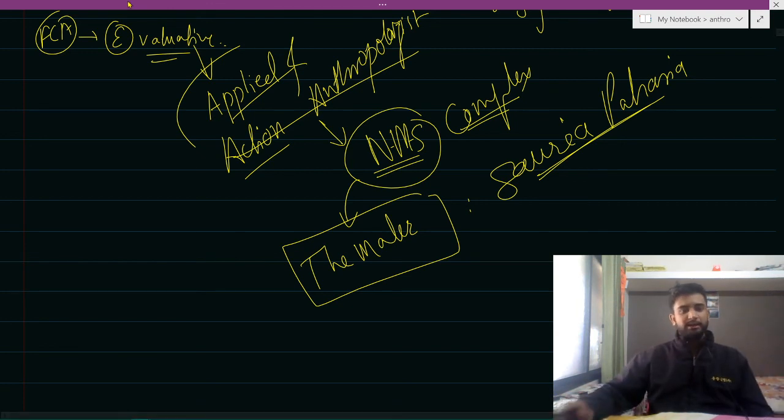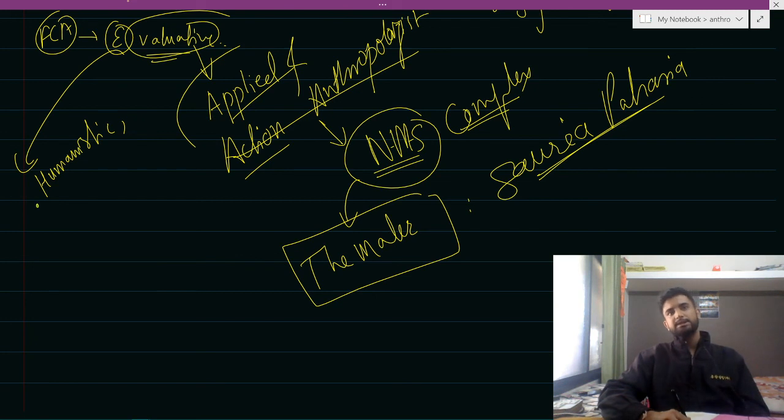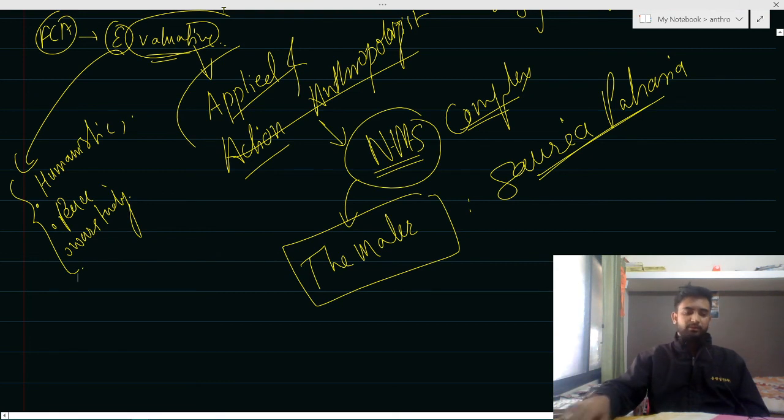Now, in the evaluative phase, certain things that have been left are that there have been humanistic studies. Then there are certain studies like peace studies and war studies. Certain institutions are also being practiced now.